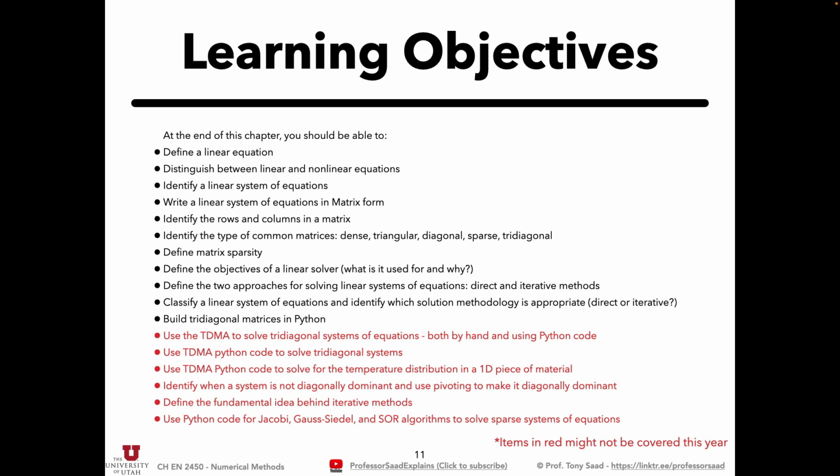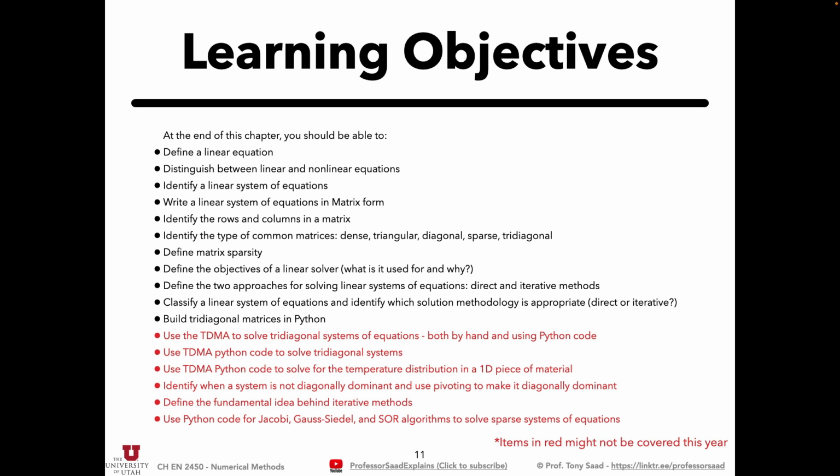Distinguish between linear and nonlinear equations, identify a linear system of equations, and if I give you a system of linear equations, write it in matrix form. Why matrix form? Because it's beautiful, and it also formalizes our communication about systems of equations. Every time you see a matrix, you immediately connect that to a system of linear equations, because a matrix always represents a system of linear equations.